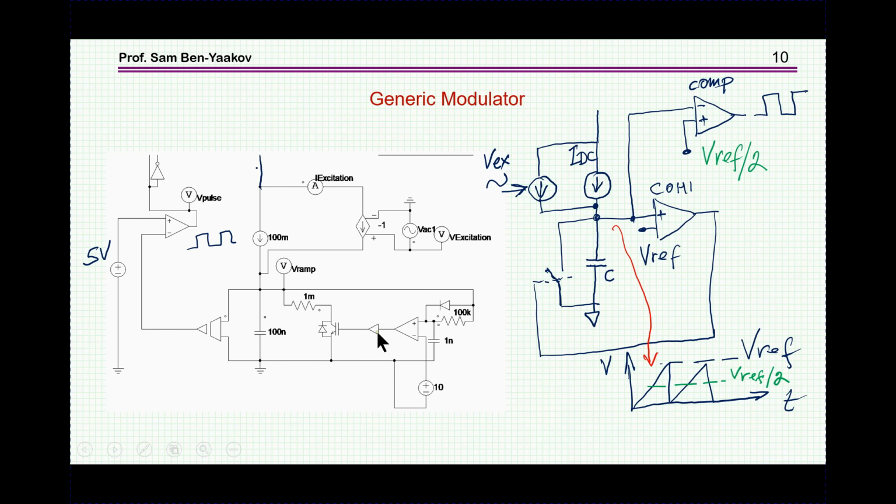And again, this is a driver for the switch. And then we look at this voltage. This is a buffer, and compare it to half this value. This is 10 volts, this is 5 volts, generating the 50% square wave. And in fact, we get two pulses, one and then an inverted pulse. So this is the generic modulator.